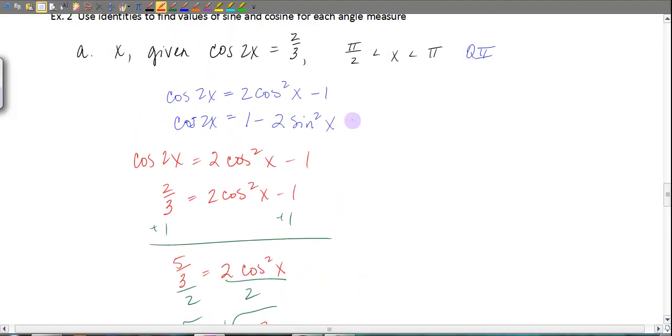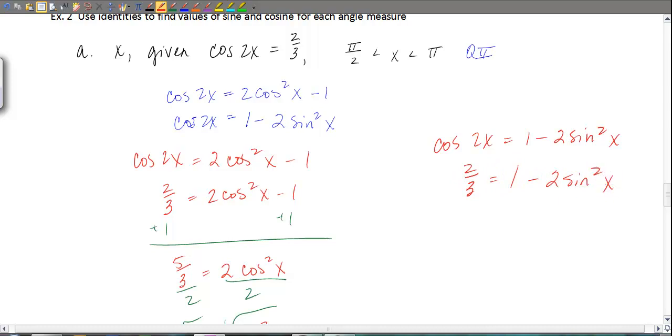Let's go back. We can use the same identity, cosine of 2x is 1 minus 2 sine squared x. I could use the same identity to solve for sine. So let's say I have, again, 2/3 is 1 minus 2 sine squared x.